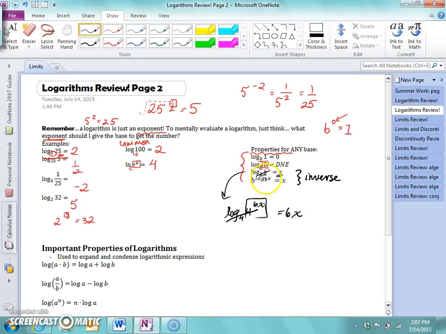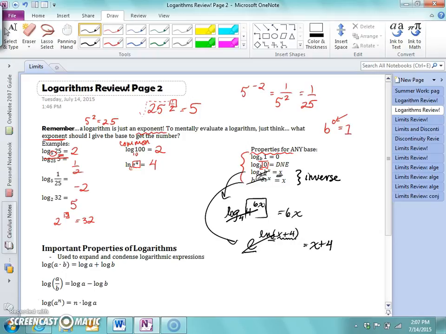And here, if I have b raised to the log base b of x power, again, they cancel if the bases are the same, leaving you with x. An example of that would be e to the natural log of x plus 4. And remember, natural log has a base of e, so the base of the exponent and the base of the logarithm are the same. They cancel, leaving you with whatever you were doing the logarithm of, x plus 4.